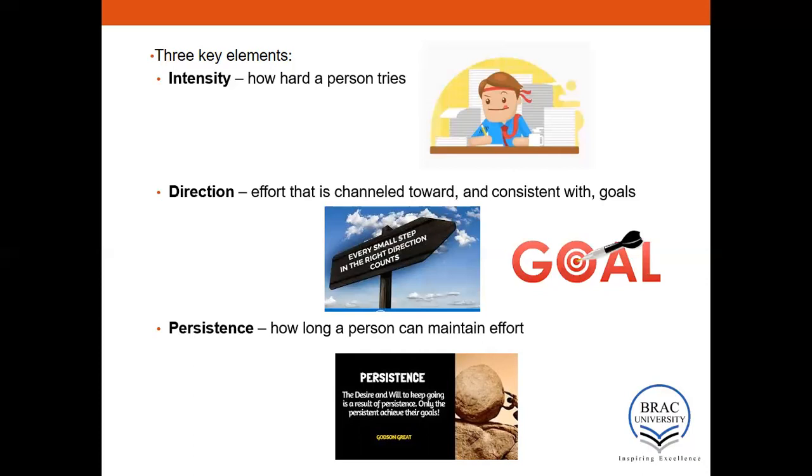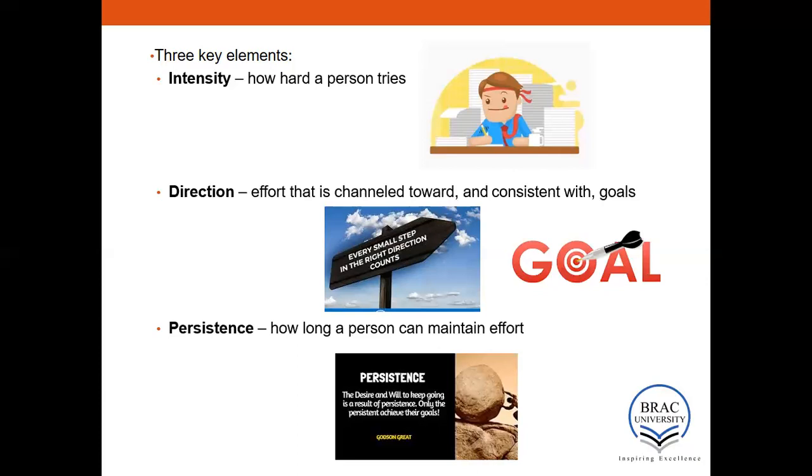So next time, if someone says, no, I'm really motivated, just do not believe. Observe their action, observe their activity, and then give your opinion on whether that person was motivated or just saying something without any logic. This is why these three elements are really important in motivation.